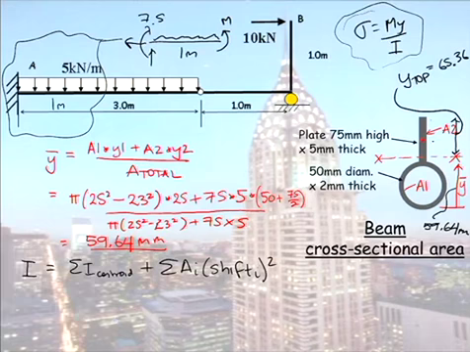Shift is the distance between the section centroid, which is where I've drawn this dashed line, and the centroid of the rectangle. So that would be shift 2. So once again, what is shift? It's the distance between the centroid of your shape and the centroid of the overall section. So that would be shift 1.